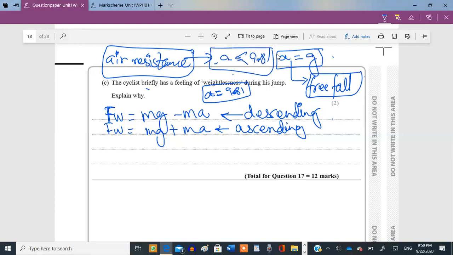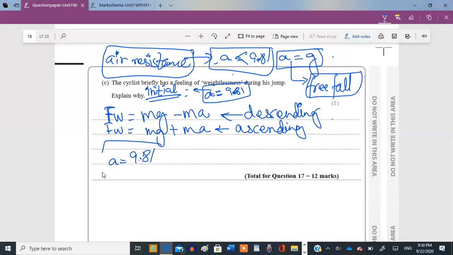Now, there will be a certain time when the acceleration was 9.81, which is most probably the initial time, just after the cyclist jumped. That would be the time when the cyclist would feel weightlessness, because the acceleration at that time is going to be 9.81.